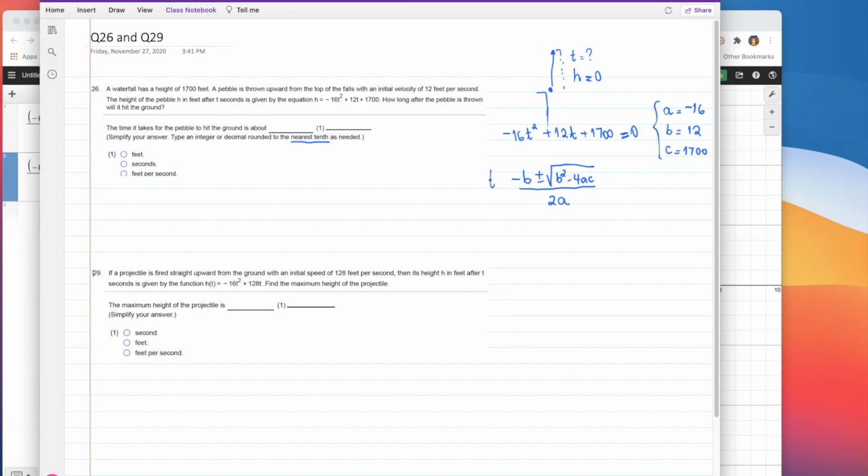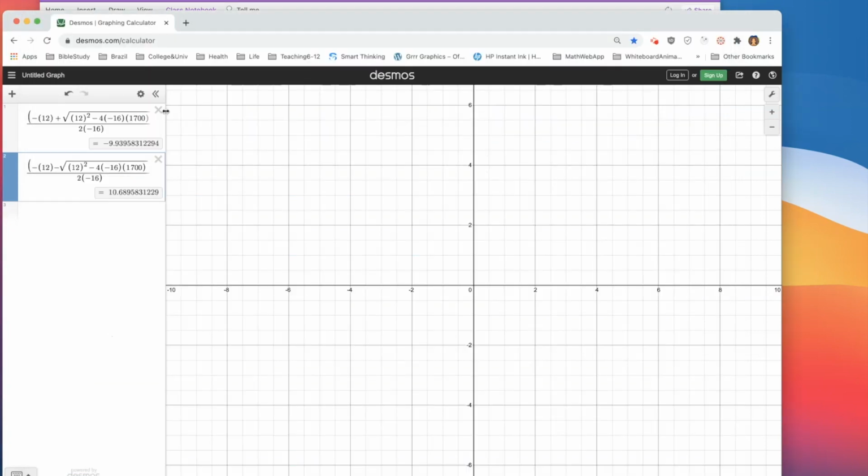So this is how you're going to determine the two t's or one t. And so you use decimals, and here you plug in the values for a, that's negative 16, the b, minus b, and I did one for the plus, one for the minus, and then b squared minus 4a and the c.